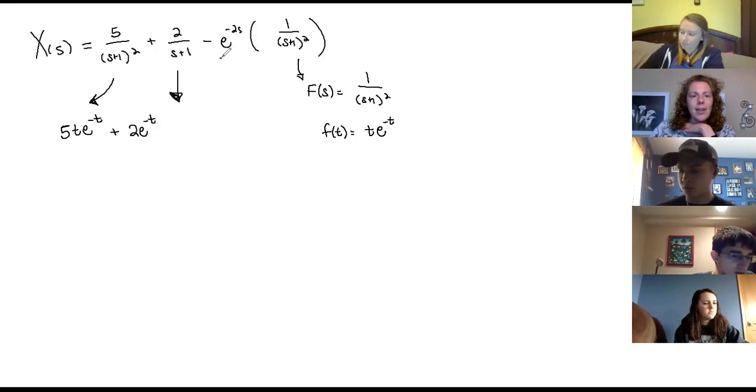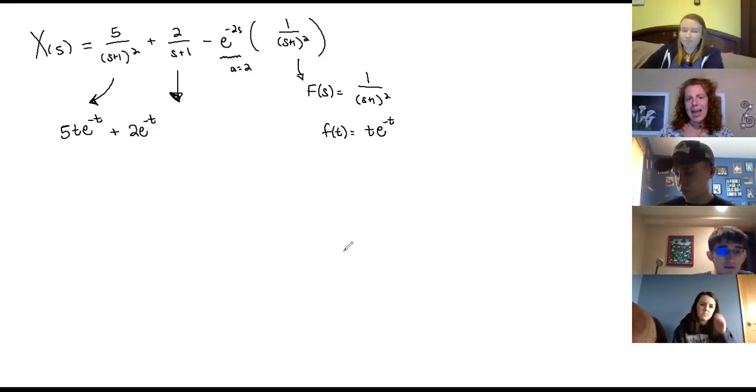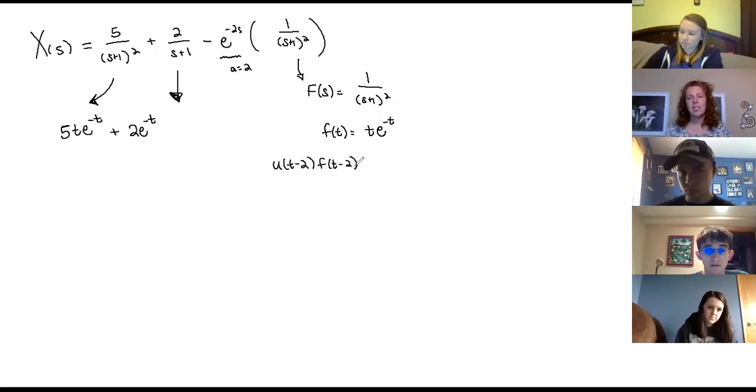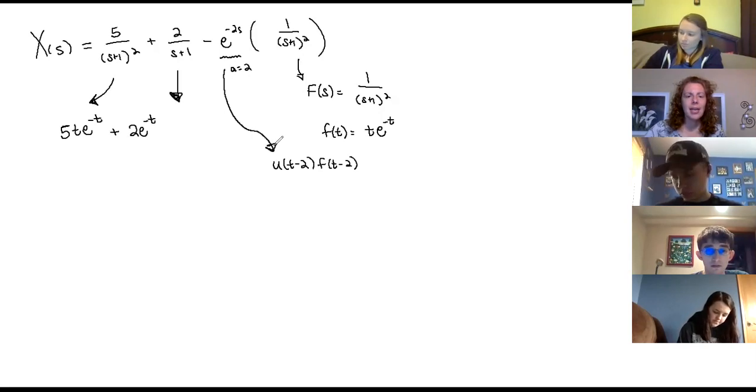And then I've got this e to the negative 2s. So a is equal to 2, right? a is equal to 2 because I got this e to the negative 2s. So what I need is u of t minus 2 times little f of t minus 2, from this e to the negative 2s out in front.